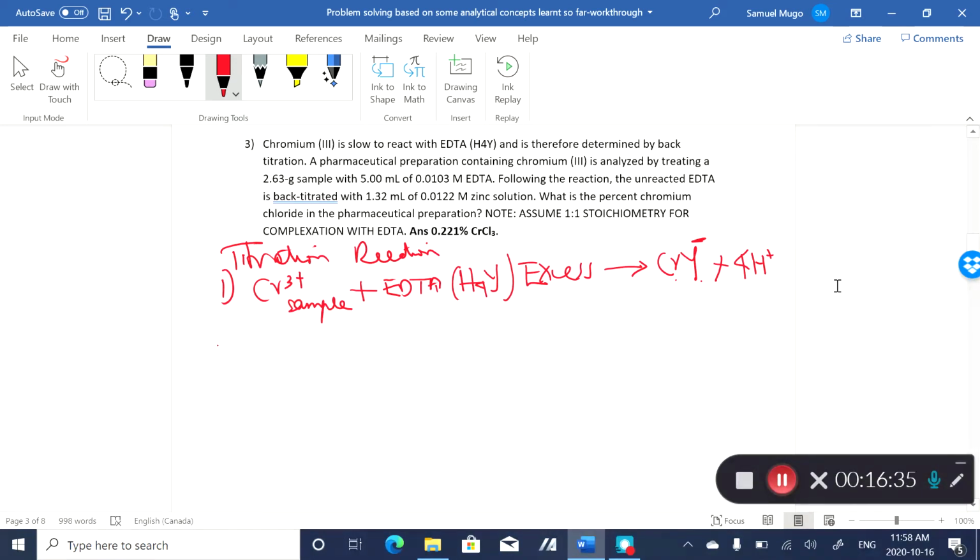Now the next reaction: of course there is also excess EDTA, and this is what remained.